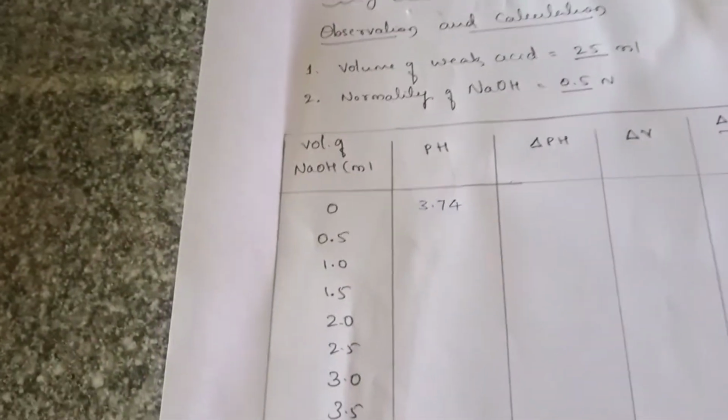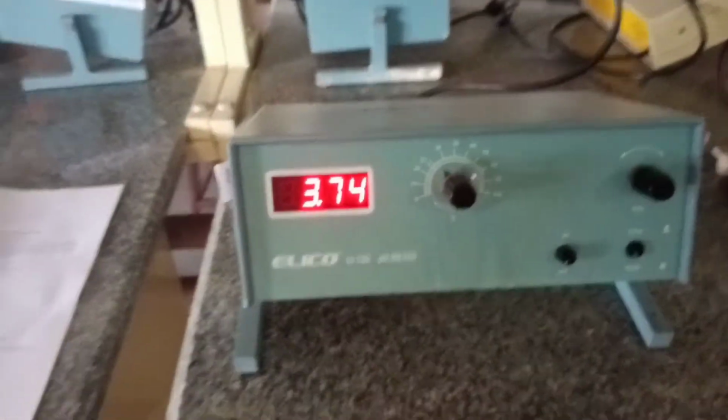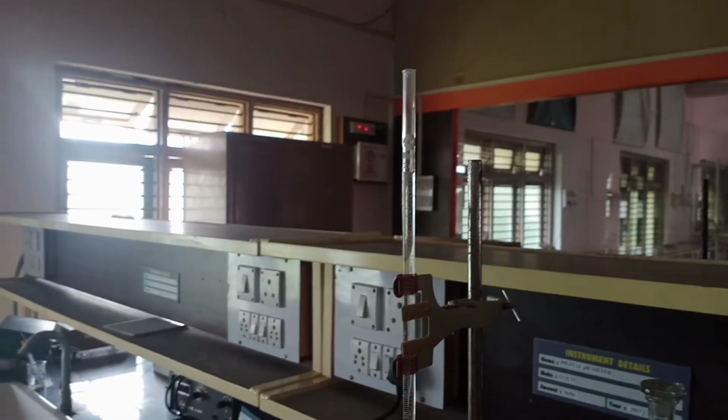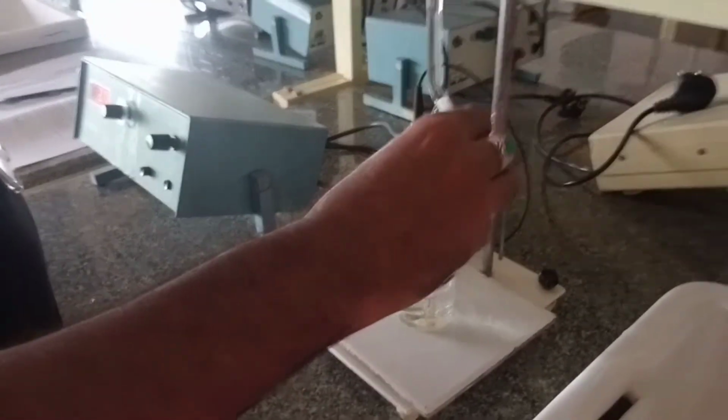And now we have to add the NaOH solution from the microburette to this beaker in 0.5 ml increments. Okay, not exactly 1 ml, so 0.5 ml.